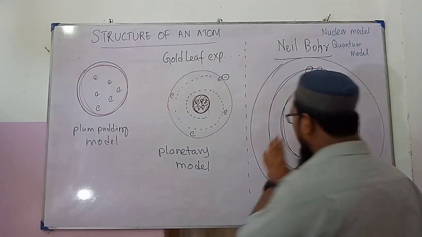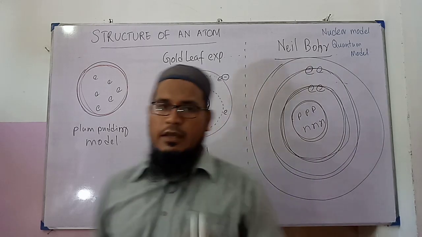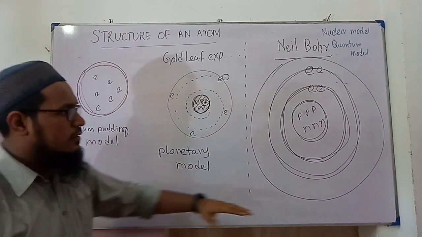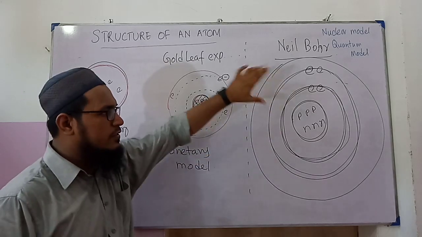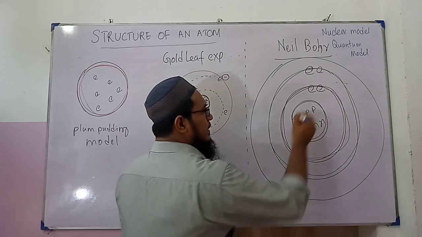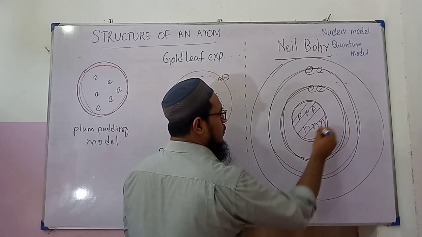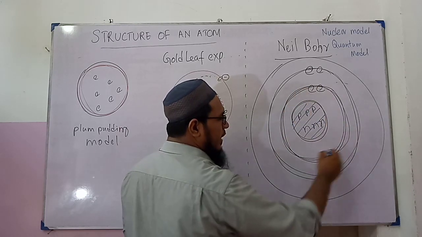So for now, I hope this is enough for you to understand the structure of the atomic model. So this was the final. Protons, electrons, neutrons are all present inside one atom, and within the atom there is a center. In that center we have protons and neutrons, and around the center we have railway tracks.